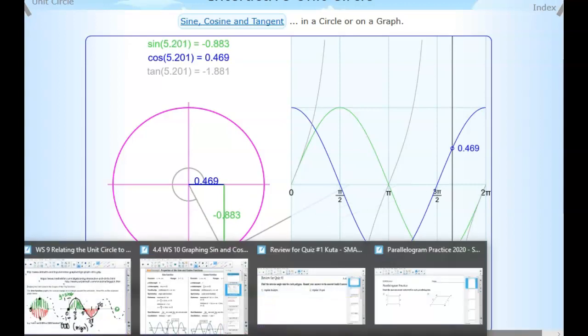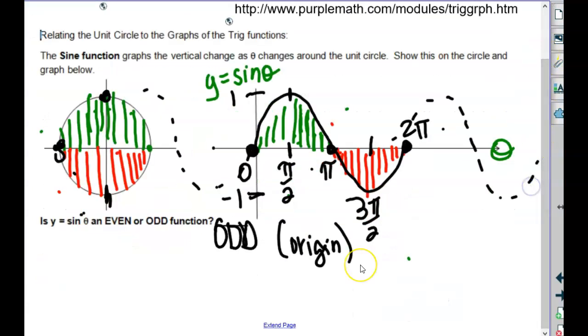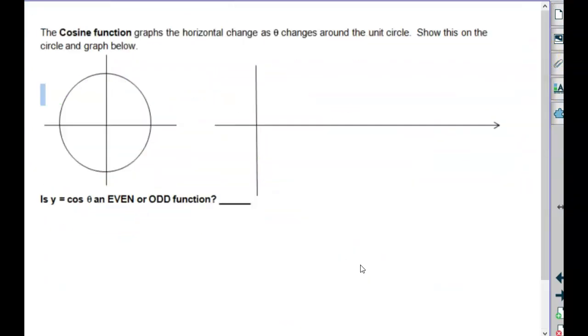So the x value over here at 0 is 1, so we're up here at 1. Then as we move around, the x going this way is eventually getting shorter, yes?